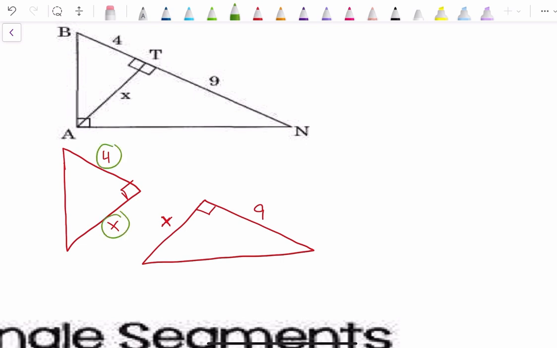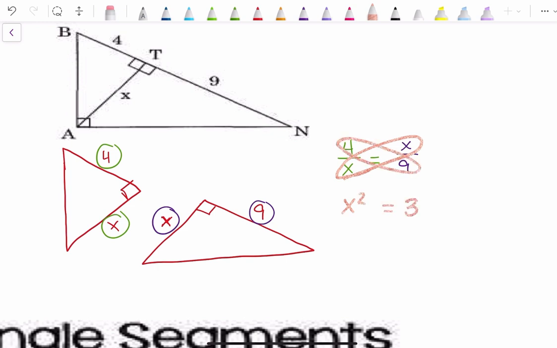We'll do 4 over x for the first one, equals, for the second one, you just have to flip them. So x over 9. Again, we'll cross multiply. So x squared equals 4 times 9 is 36. Then I can square root both sides again and get x equals 6.